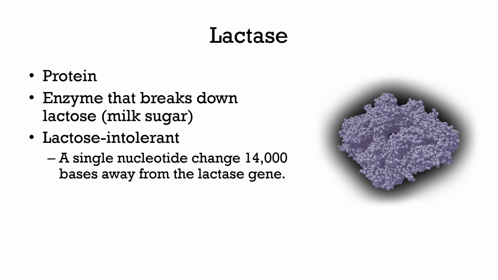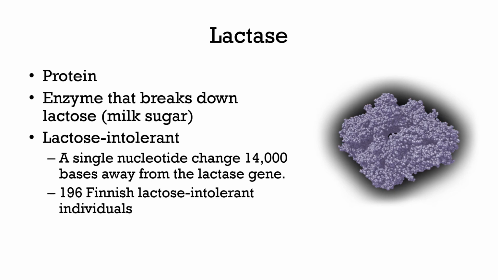So what they did is they looked for a genetic change in the genes somewhere near the lactase gene. They found a single nucleotide change, so one of those A, T, G, Cs was changed, and it was 14,000 bases away from the lactase gene. It turned out that in the individuals that they tested, which were 196 Finnish lactose intolerant individuals, every single one of them had that base change.